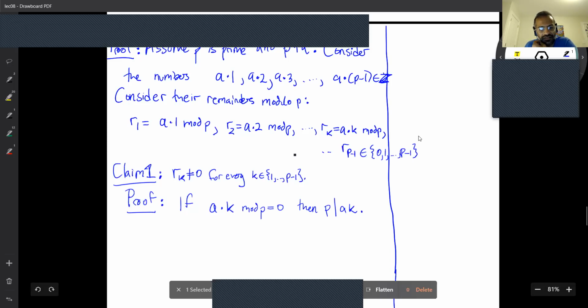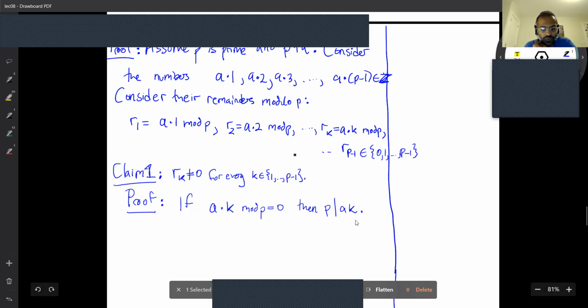What do I know about the relationship between P and A? P doesn't divide A, so P and A are relatively prime.